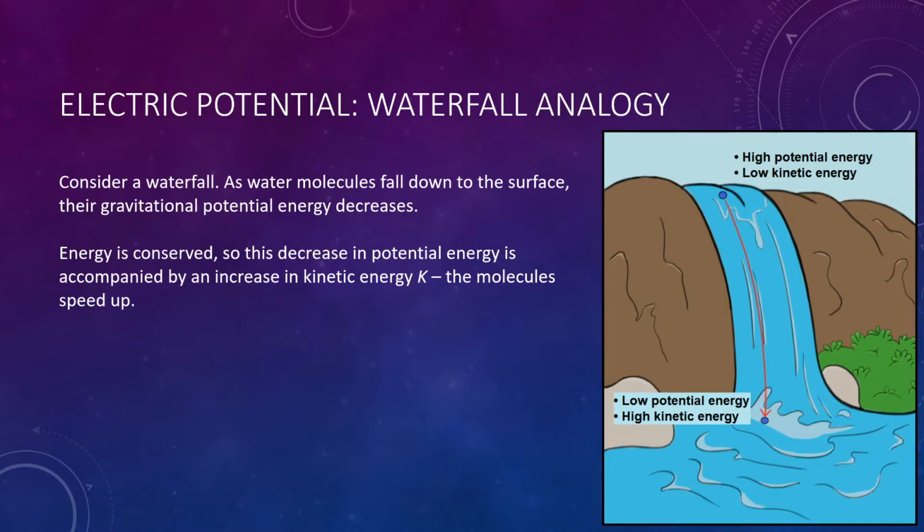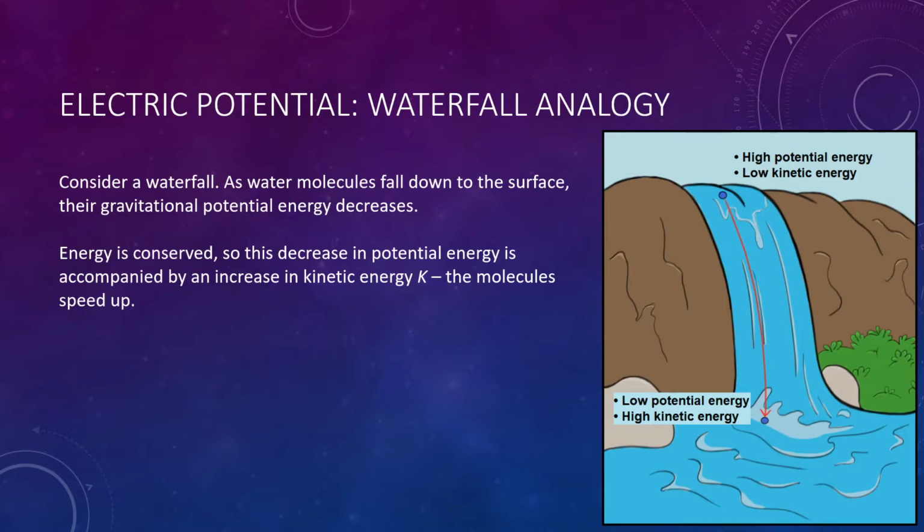So let's just say, if we want to have a better analogy of this concept of potential energy, let's think about a waterfall. So think about a water molecule, just a single little drop of water, as it falls down the waterfall. Think all the way back to physics 1, what that would mean in terms of its energy. Starting at the top, it might be flowing horizontally, through a river or a stream.